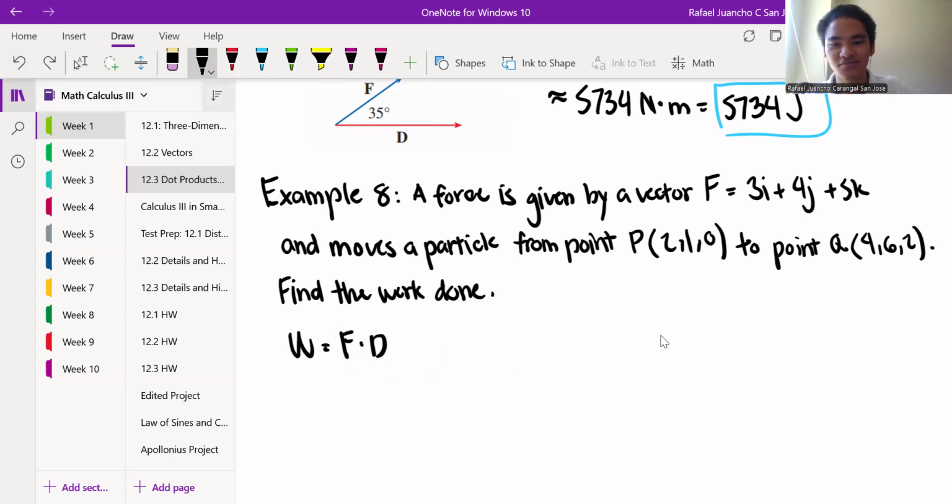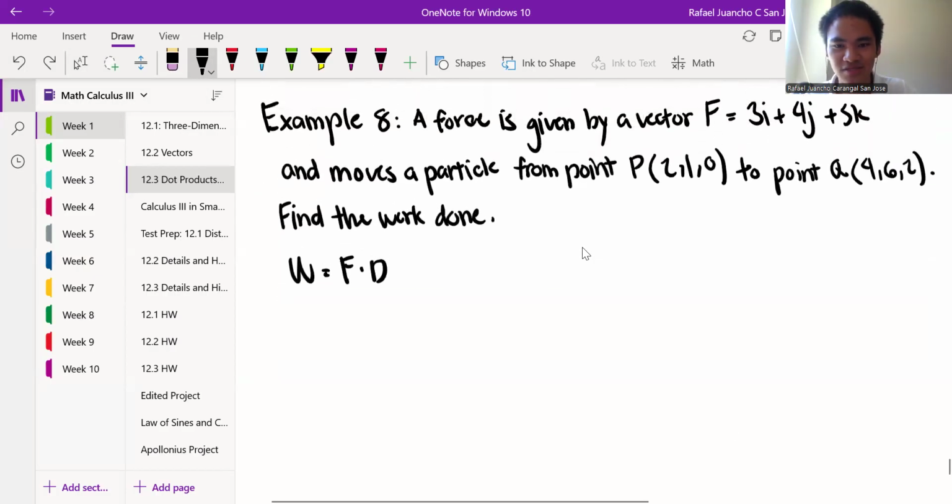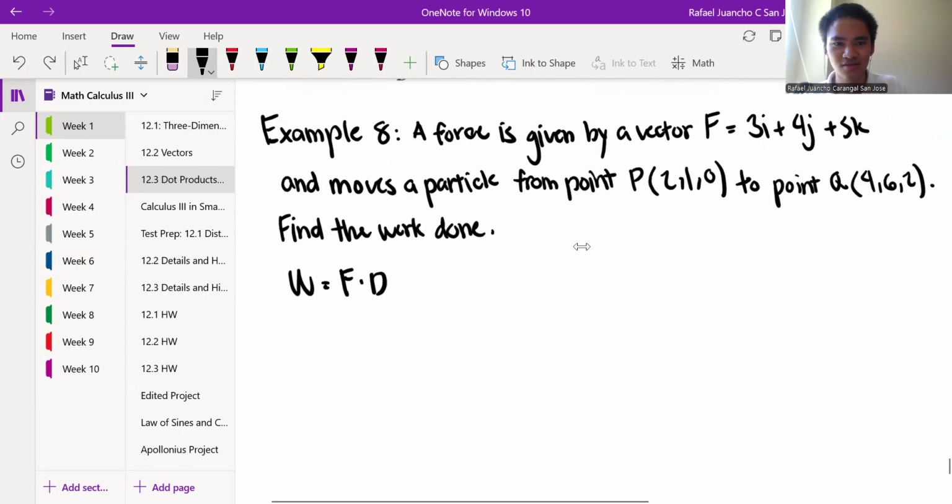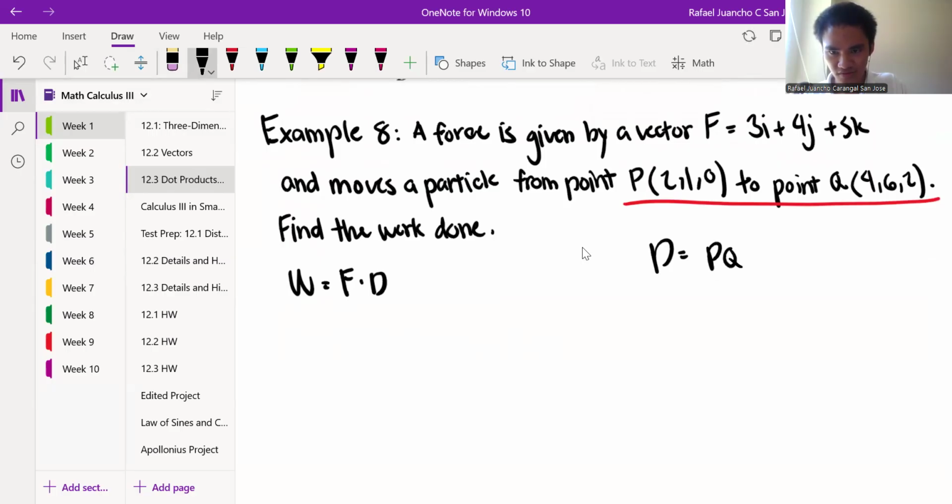Now we want to find d, or displacement. How do we do that? Well, we want to find the vector PQ. And so basically we want to see their changes, right? We want to subtract P from Q. Let's do it step by step.